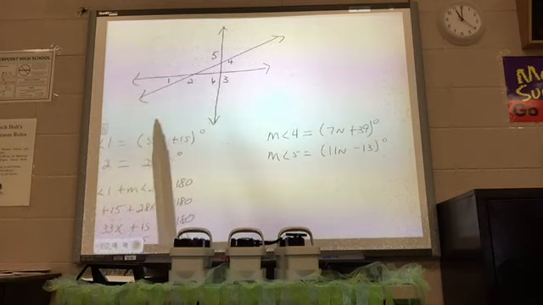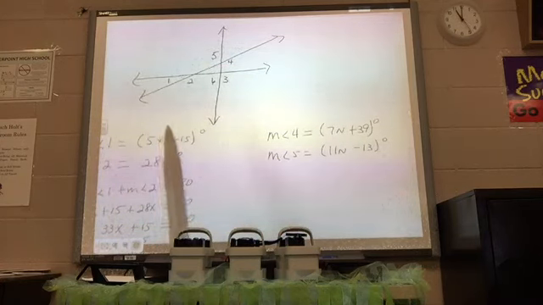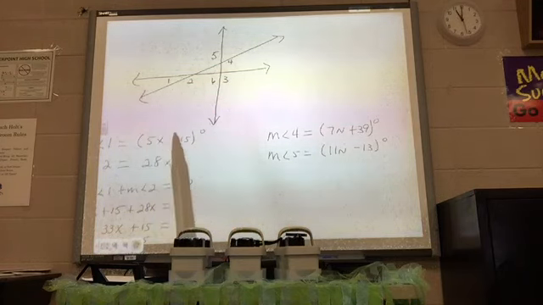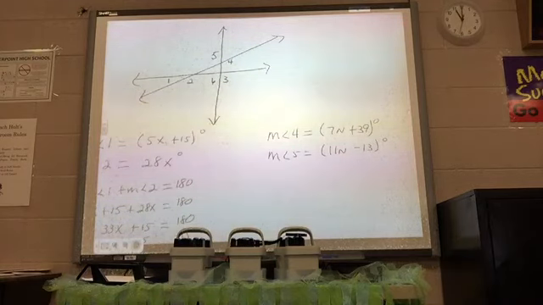Alright, again, what type of angles are angle 4 and 5? How would you attack this problem? Somebody give me a reason, a path to go down. What do you know about angles 4 and 5? They equal 180.